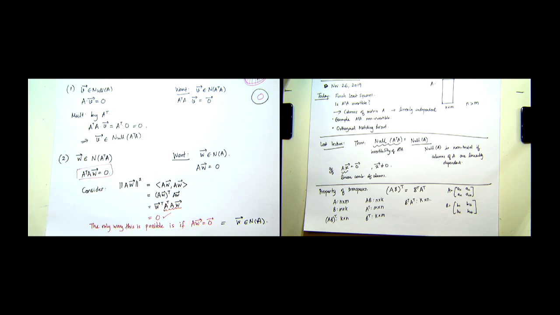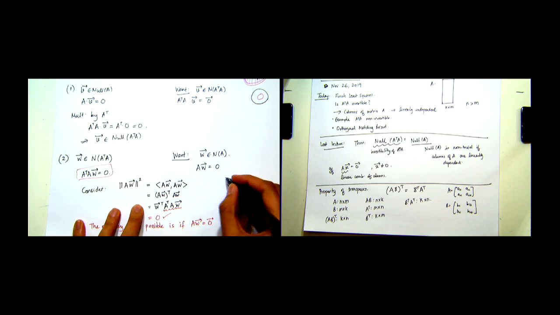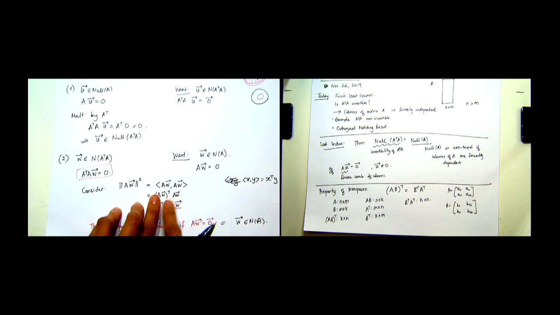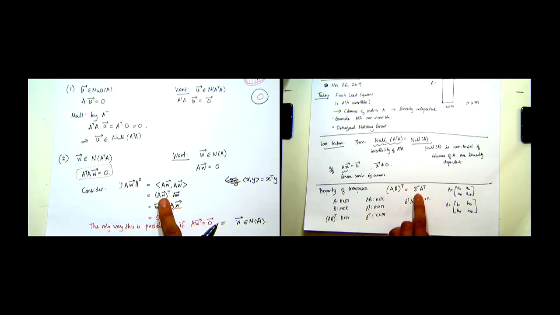So I'm just using this fact that the inner product of X and Y is equal to X transpose Y. So I'm just taking the transpose of the first vector and then the second vector. Now, I have AB transpose is equal to B transpose A transpose. So AW transpose, I had to flip the order, is W transpose A transpose. Right? And I just have this AW here.